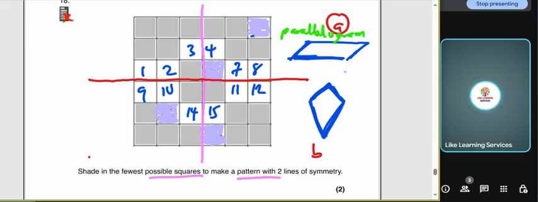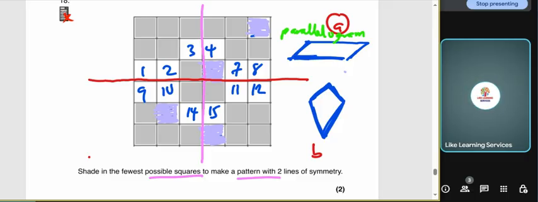How many lines of symmetry does it even have? Does it have a line of symmetry? Can you try folding? In fact, to know the line of symmetry, when you fold it along that line, it must lap.